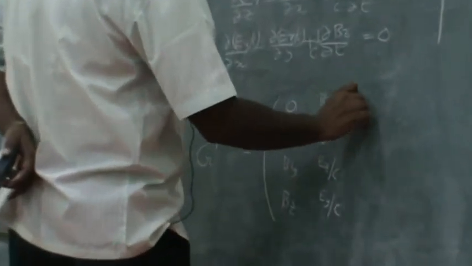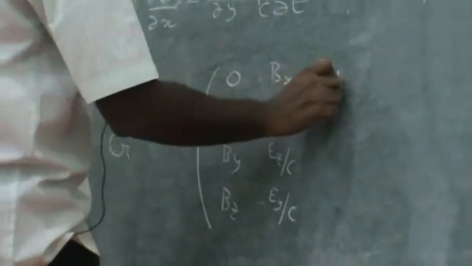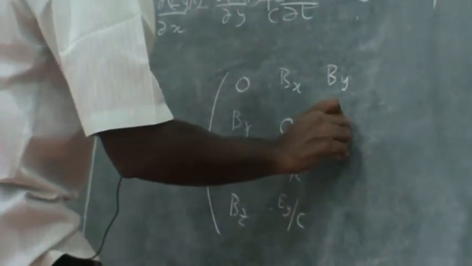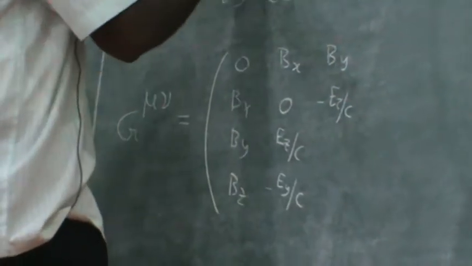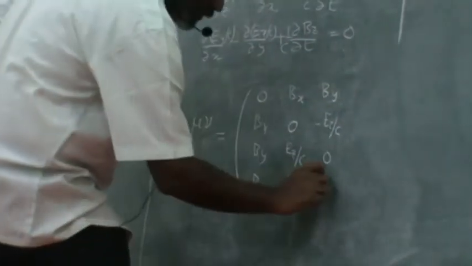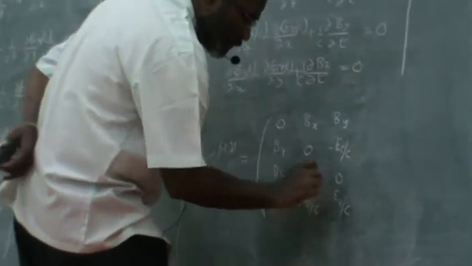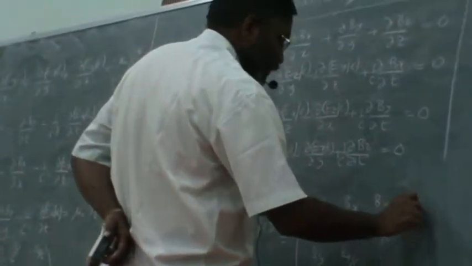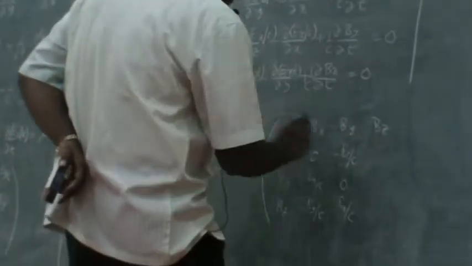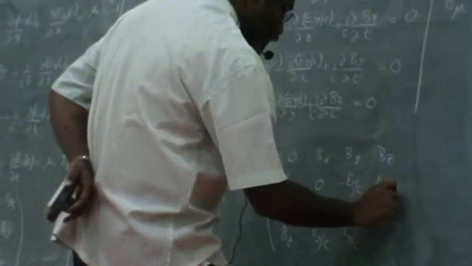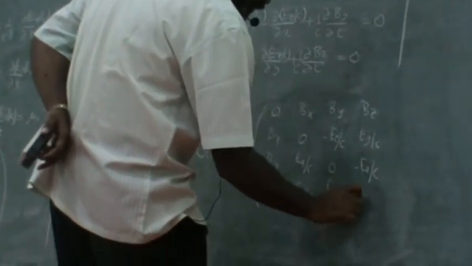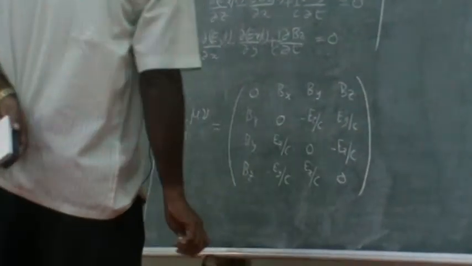And finally, here I will have By, and ∂/∂x will have minus Ez by c, and this will be 0, then this is Ex by c, and this is Bz. This is Bz, and Ey by c minus Ex by c, and then 0.